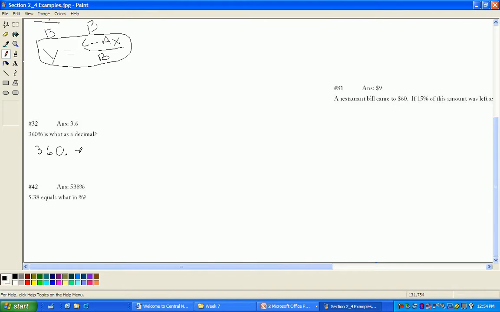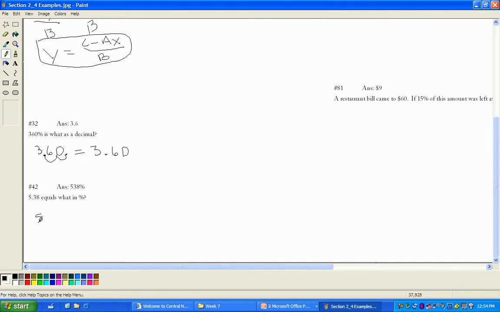We make that into a decimal by moving it 2 places to the left. 1, 2. So the new value in decimal form is going to be 3.60. And if we saw this in the grocery store, that's $3.60. So 360%, 360 cents.